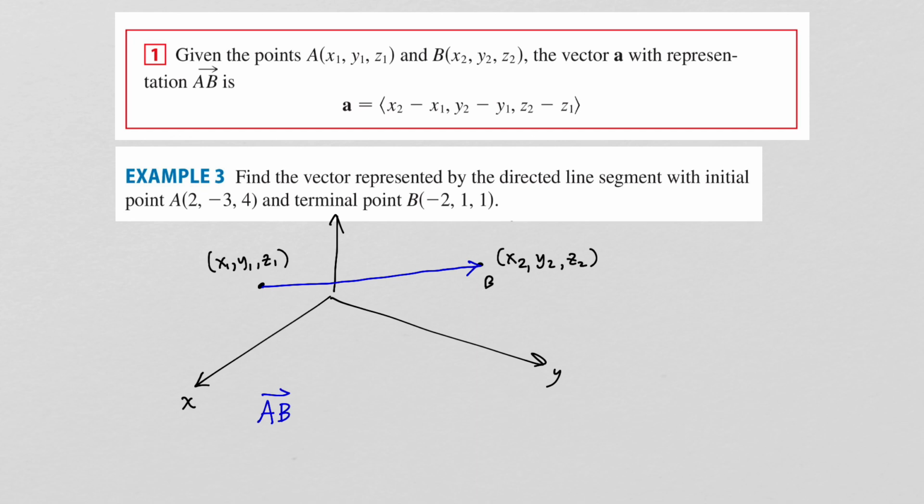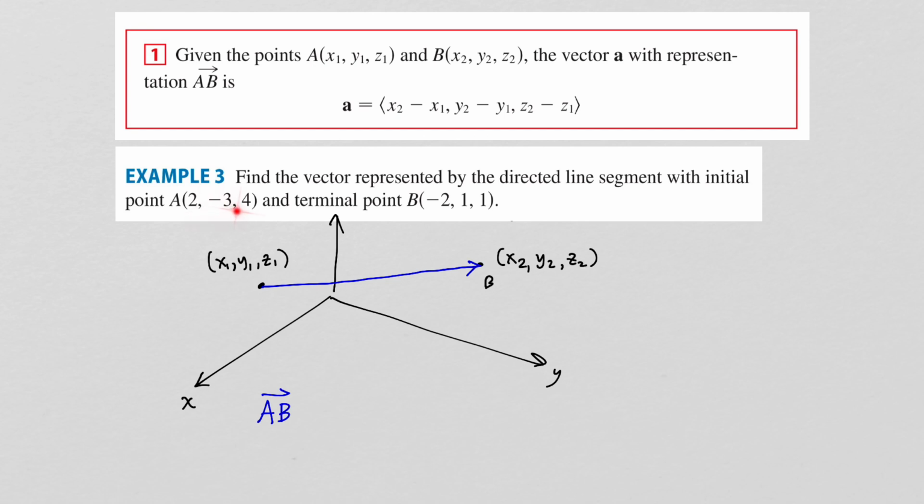So what that means is I want the equivalent vector such that if it started at the origin, where would it end? To find this vector, we simply subtract the coordinates of the vector, or the components of the vector. And we take the ending point minus the beginning point. So the x-coordinate is x2 minus x1, the y-coordinate is y2 minus y1, and the z-coordinate is z2 minus z1.